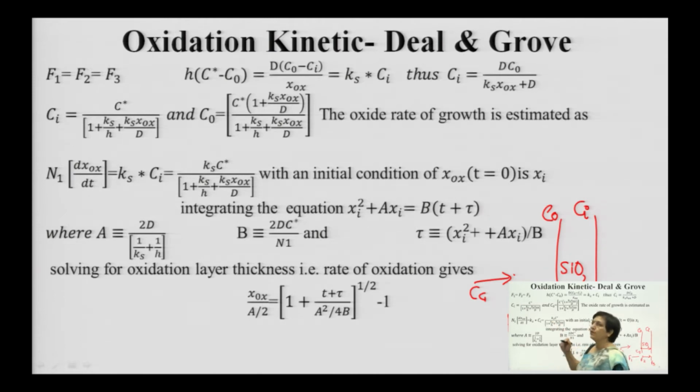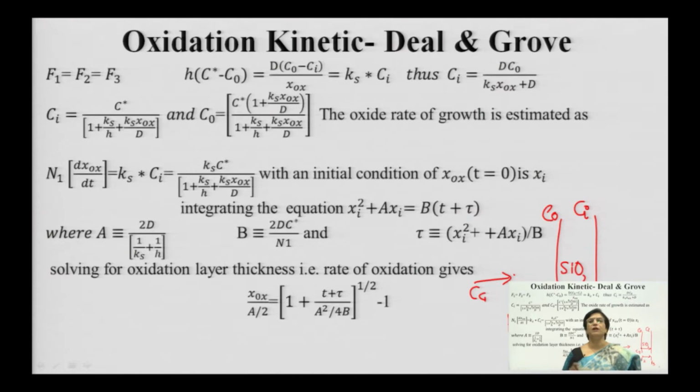Then we invoked Henry's law, and we assumed that the concentration of the oxidizing species within the solid is equal to the partial pressure of the oxidizing species in the surrounding gas.